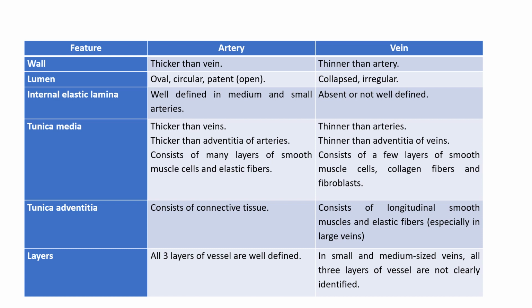Then all three layers, tunica intima, tunica media and tunica adventitia, are well defined in arteries, whereas in veins the three layers cannot be differentiated; they are not clearly identified.